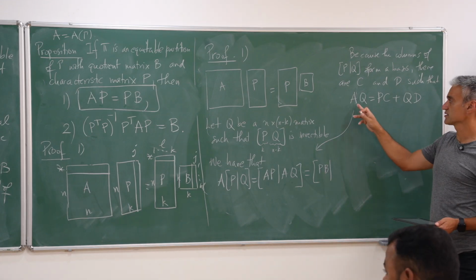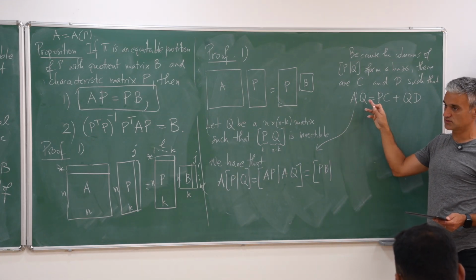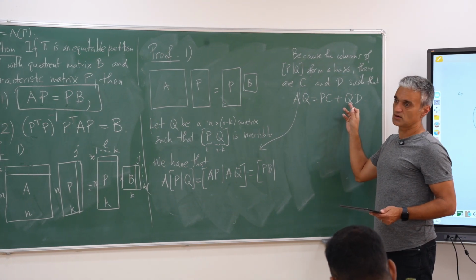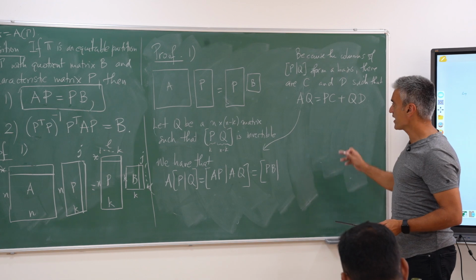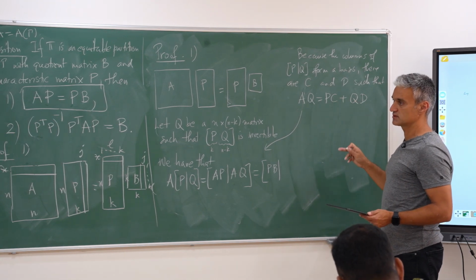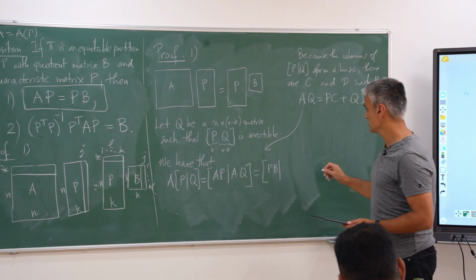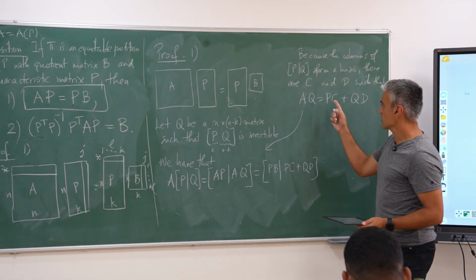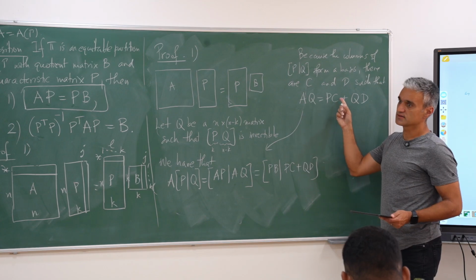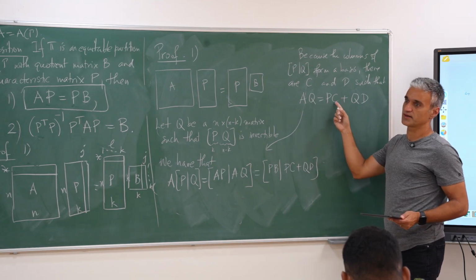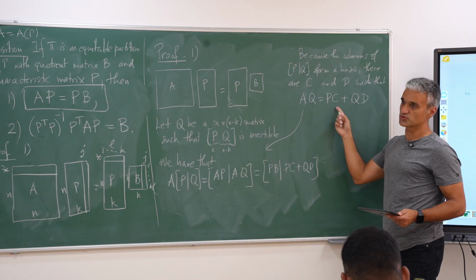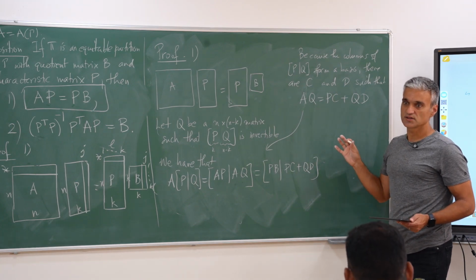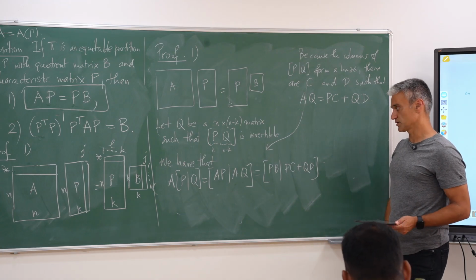This is just writing that when you multiply A by the columns that you get here, they are going to be a linear combination of the columns in P and the columns in Q. Now AQ is PC plus QD, so I write it here as PC plus QD. Remember, when you take a matrix and multiply it by a vector on the right, you get a linear combination of its columns. Multiplication on the right means linear combination of the columns. So that's what happens here.